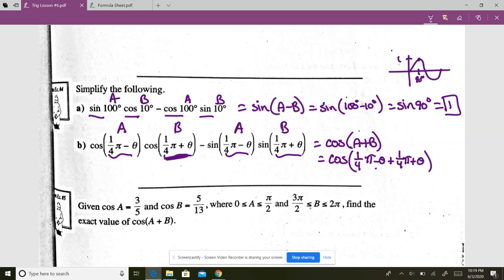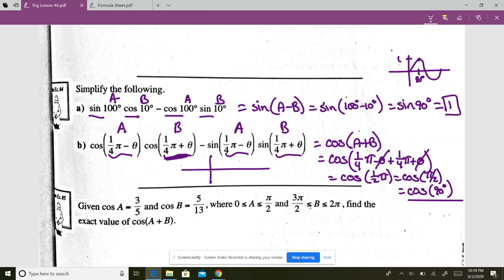Negative theta plus theta, those go away. A quarter pi and a quarter pi is 1/2 pi, or pi over 2. What is pi over 2? Hopefully you all screamed out 90. Really, they're saying, what is cos of 90?